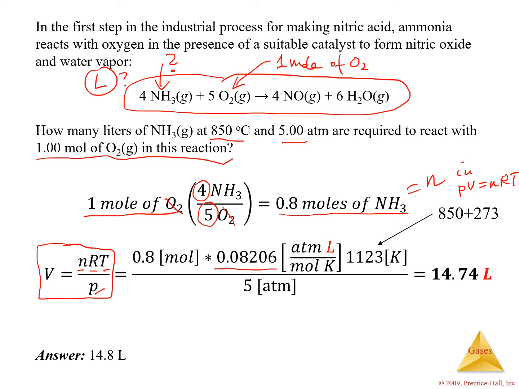So here you have 0.8 moles of ammonia, which we just calculated based on the chemical reaction, the R constant in units of atmosphere, liter, mole, Kelvin, the 850 Celsius plus 273 gives you 1123 kelvins, and of course 5 atmospheres pressure. You can see cancellation: mole, mole, Kelvin, Kelvin, atmospheres, atmospheres, and the remaining unit is liters.